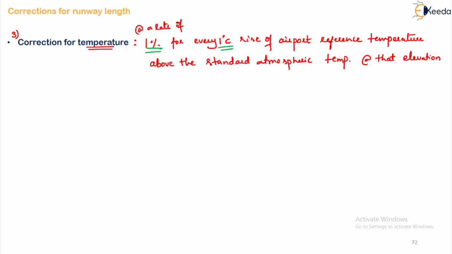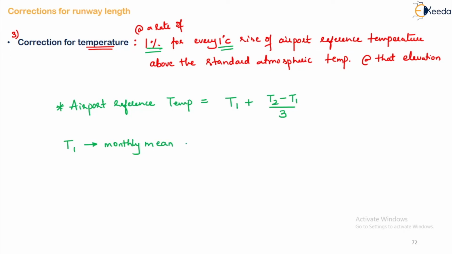Suppose you want to calculate the airport reference temperature. What we have to do is take T1 plus (T2 minus T1) by 3. What are T1 and T2? T1 is the monthly mean of the average daily temperature for the hottest month of the year.